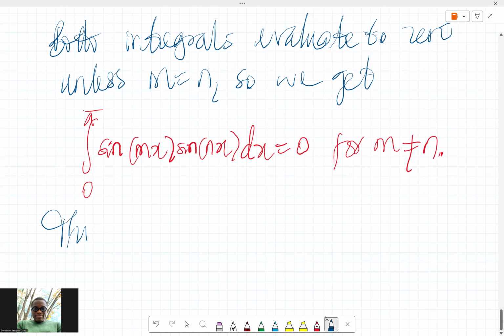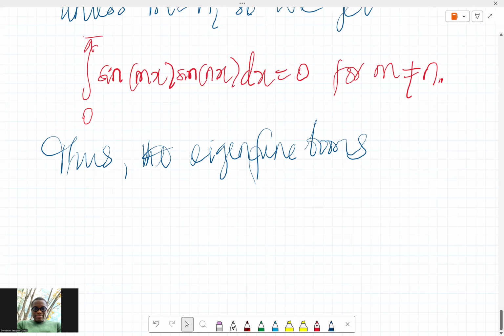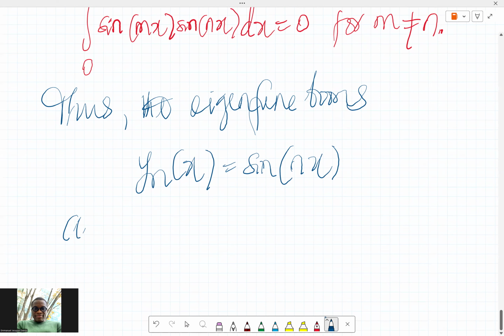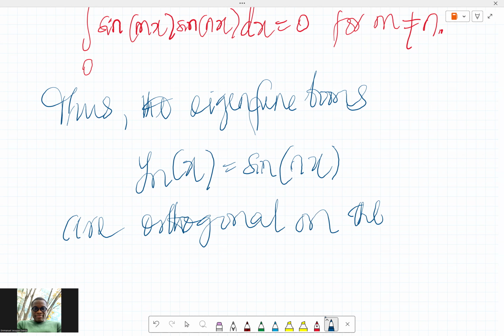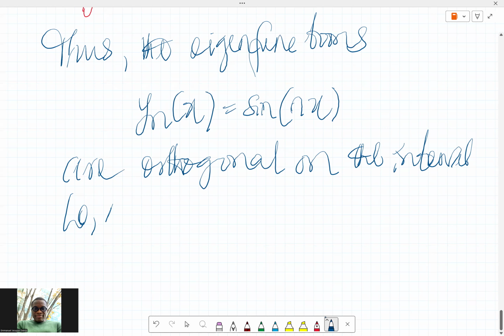Thus the eigenfunctions y_n of x is equal to sine nx are orthogonal on the interval 0 to pi.